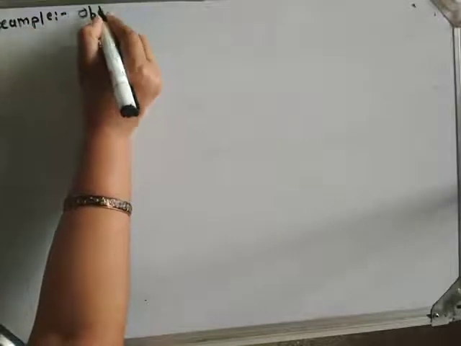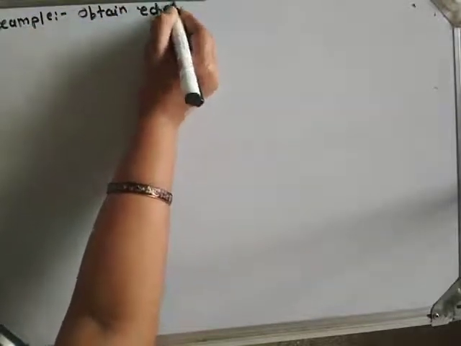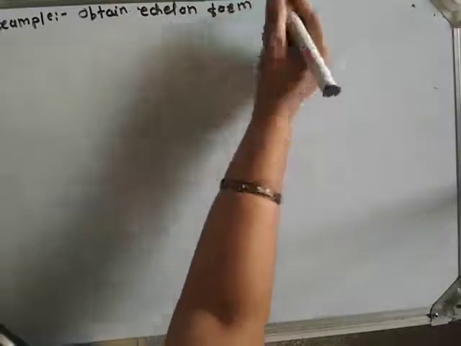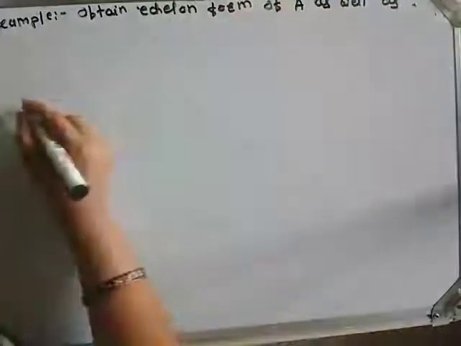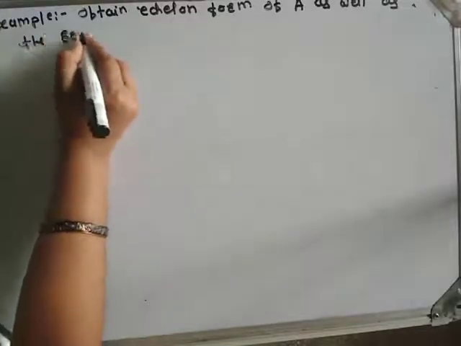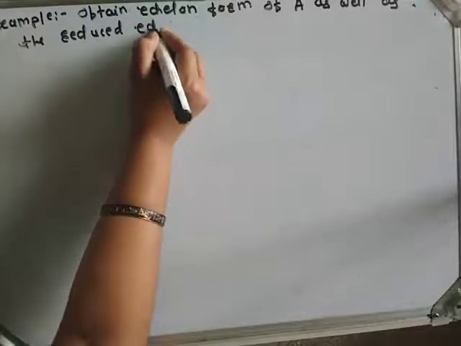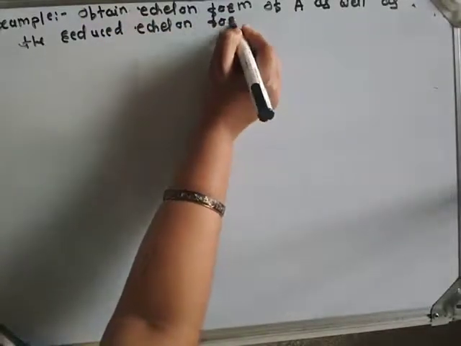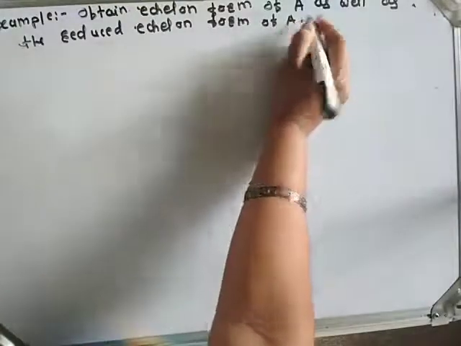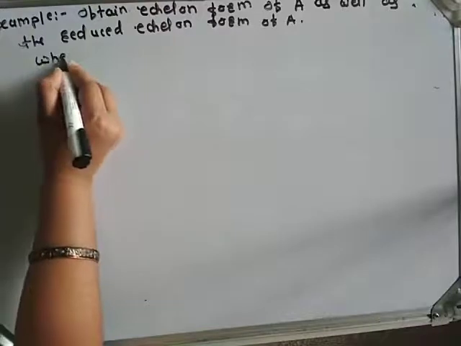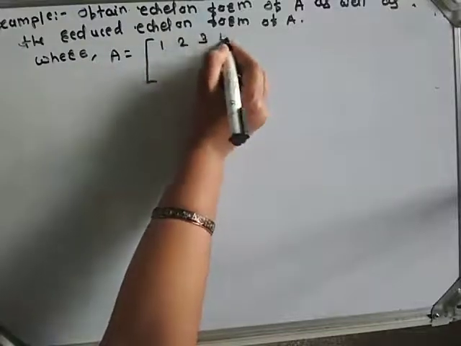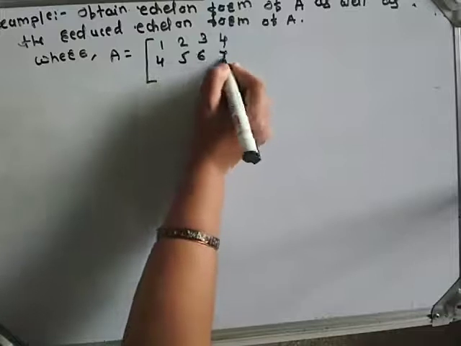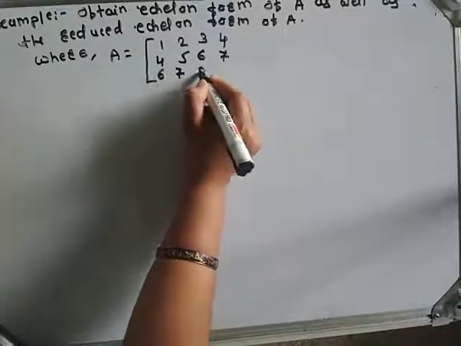Example: obtain echelon form of A as well as the reduced echelon form of A, where A is equals to matrix 1 2 3 4, 4 5 6 7, 6 7 8 9.